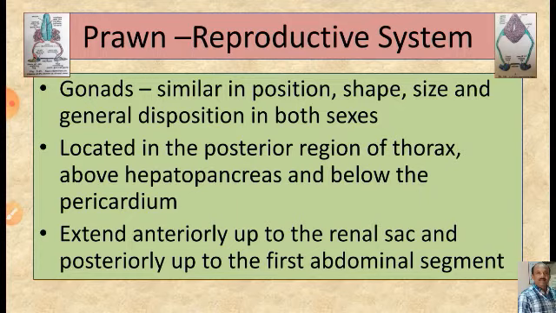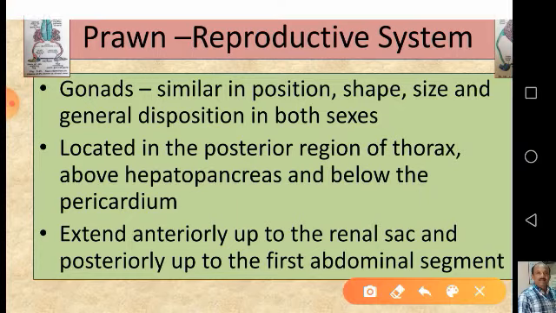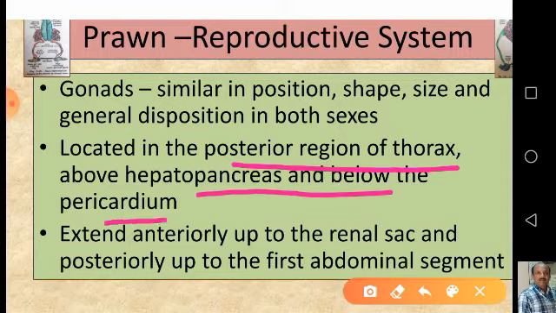The gonads in prawns are present in the posterior region of the thorax, above the hepatopancreas and below the pericardium or pericardial sinus, where the heart is located.